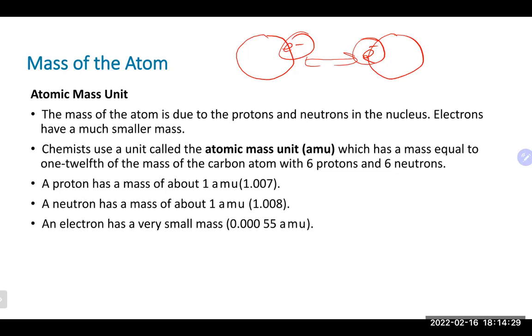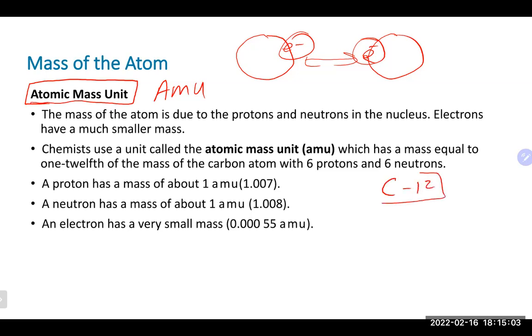One aspect of the atom is its mass, and one way we refer to it is through what is known as an atomic mass unit, abbreviated AMU. We can look at the mass of our protons, neutrons, and electrons, and it is based off an isotope of carbon, the carbon-12 isotope.